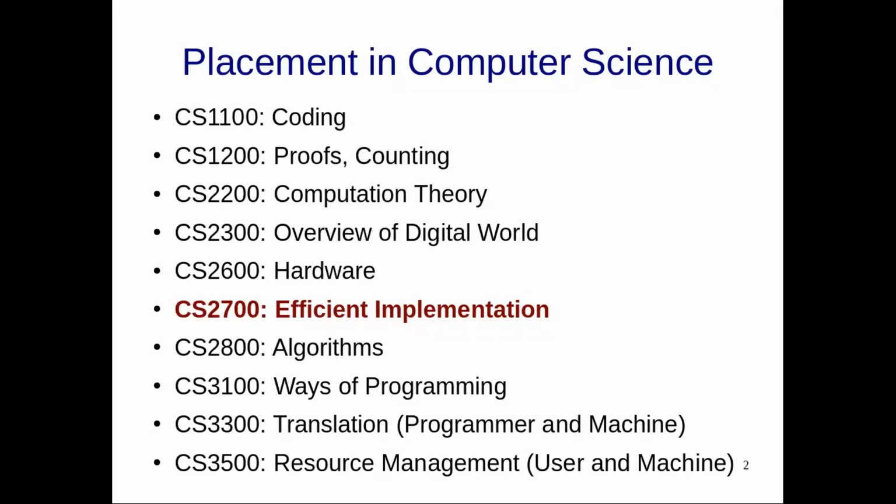Now, 1200 proofs and counting, or discrete mathematics, is a prerequisite for this course, and that's one of the reasons why many of the non-CS students have not been able to take it. So what we have done this time is that we have tried this on an experimental basis, that we will allow students who have not done discrete mathematics but have done basic coding, let them take this course and let's see how it goes, right?